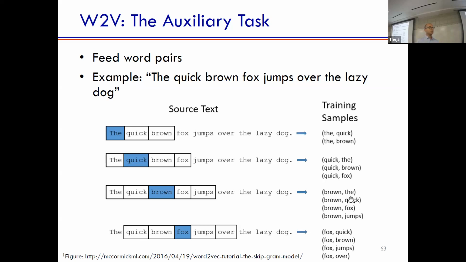Input brown and also predict quick. Input brown and also predict fox, and brown also predicts jumps. So for the same input feature vector, why are we predicting 4 different classes? At first go it seems strange, but it's not. In a regular classification problem, you could always have examples where the same feature vector has 2 different classes in your training data.